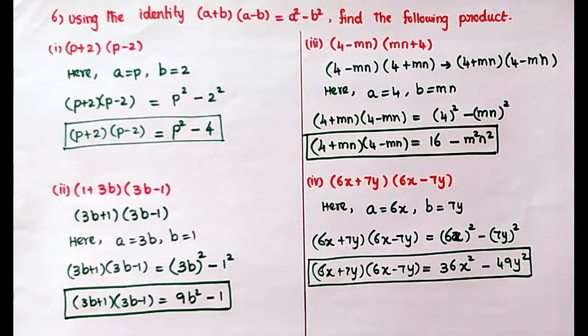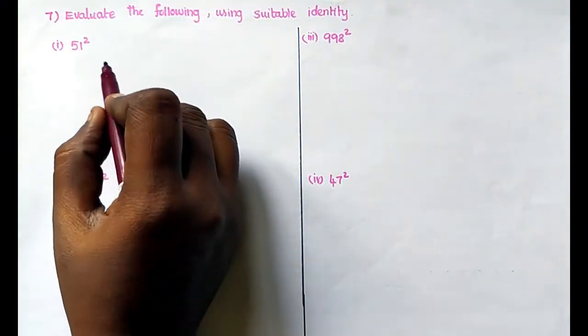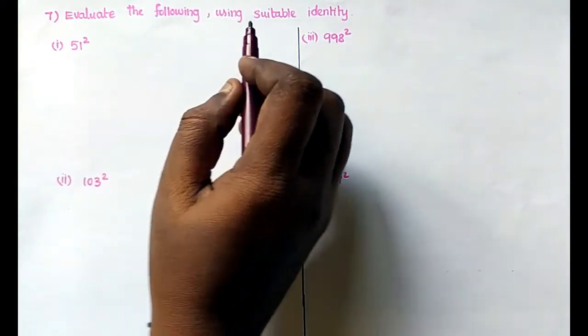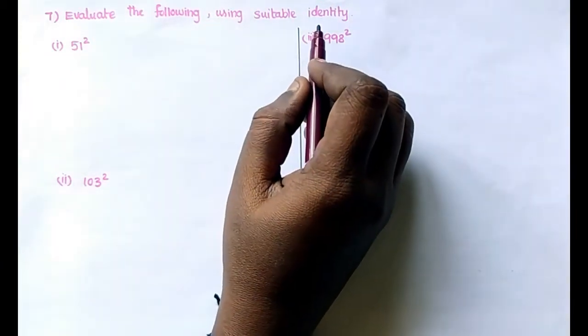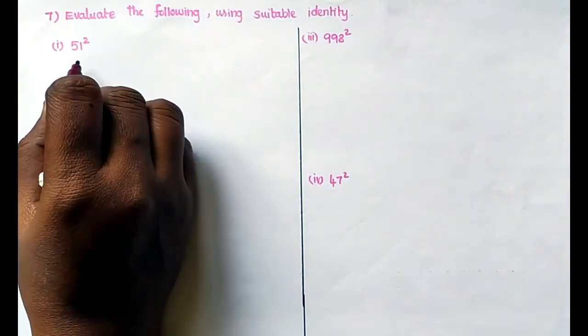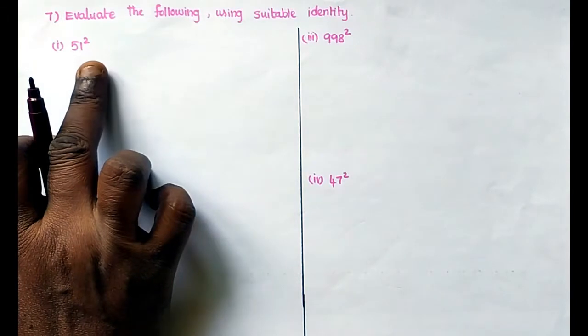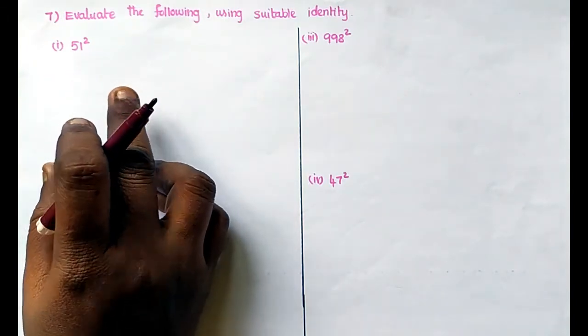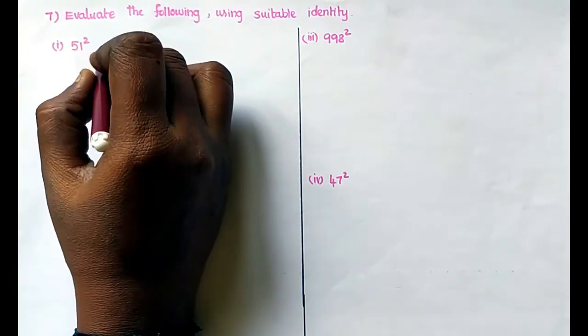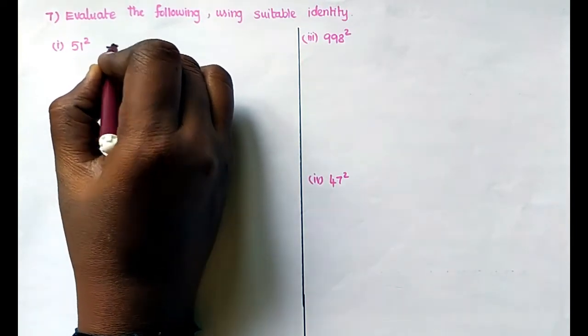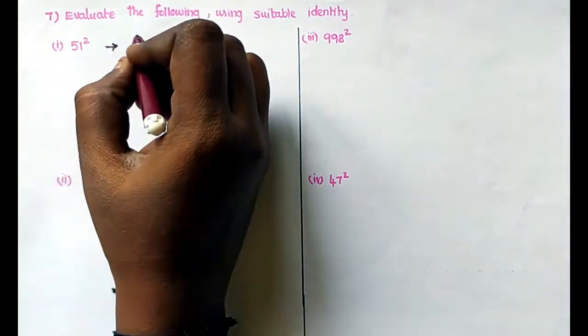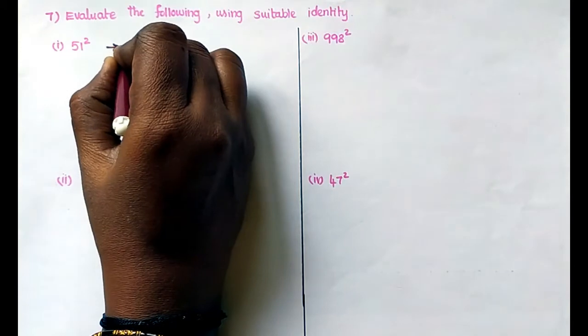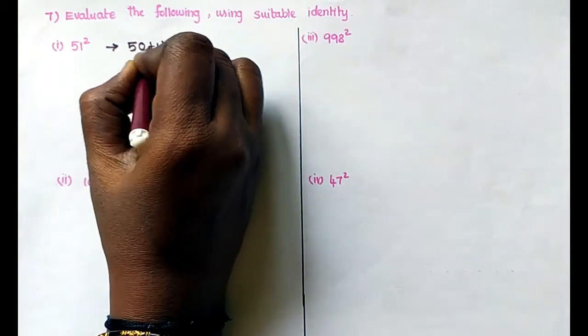That is the answer. Seventh sum, evaluate the following using a suitable identity. Listen, first we have to split the numbers to the nearest round-off. First one, 51, we can write like this, (50 plus 1) whole square.